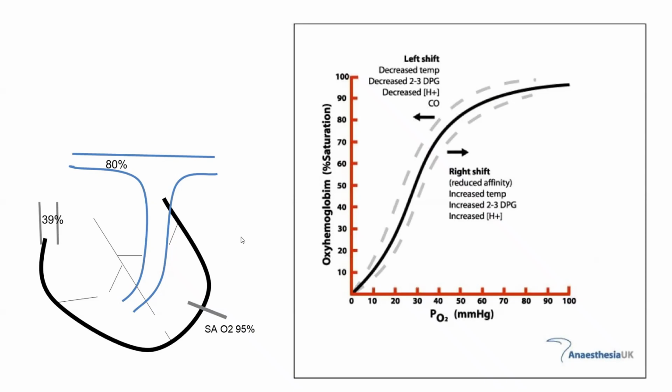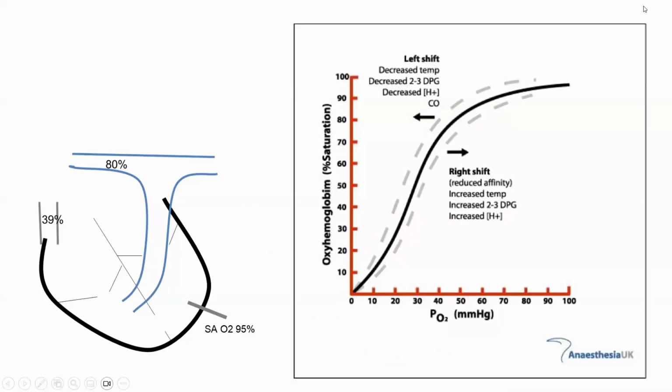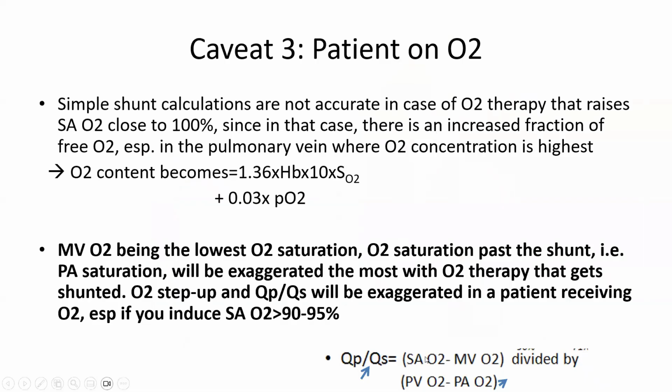You're probably not going to exaggerate the O2 step up and the QP/QS too much, simply because your arterial O2 saturation, which is also your pulmonary venous O2 saturation, is also on a steep portion of the O2 hemoglobin dissociation curve, so that the pulmonary venous O2 may rise somewhat similarly to the pulmonary arterial O2, and the denominator may not change much here, and the QP/QS may not change much.